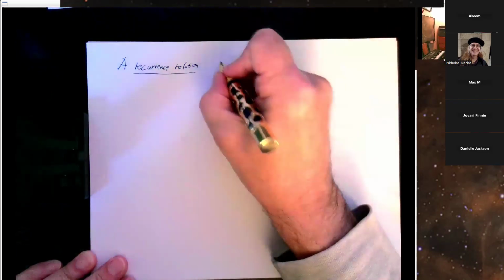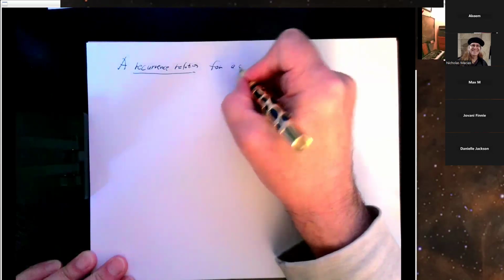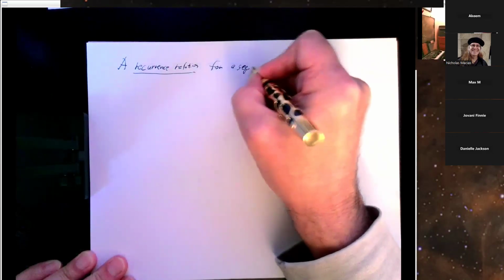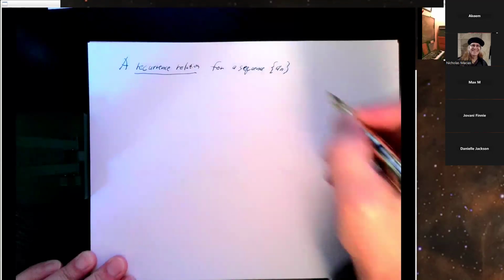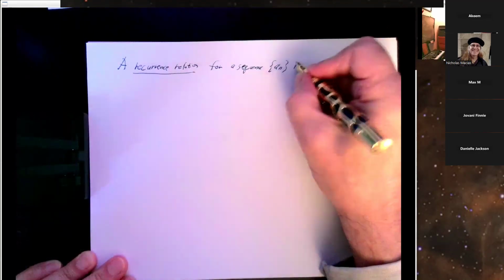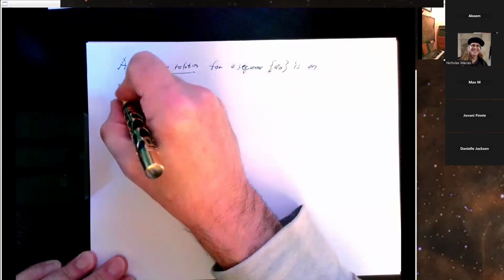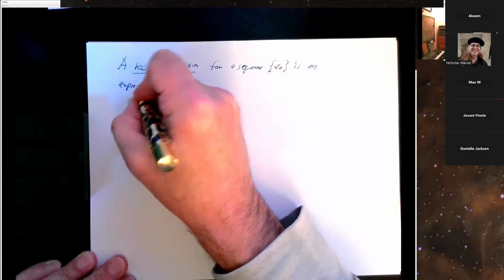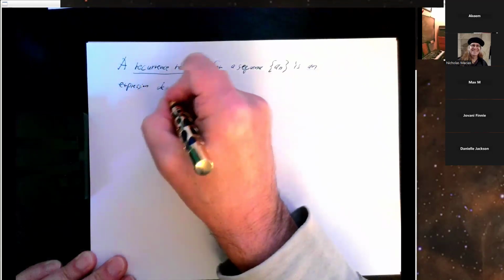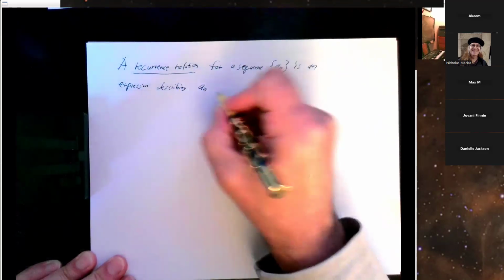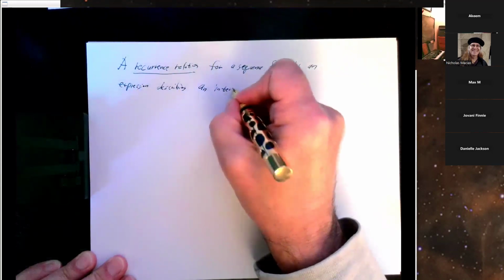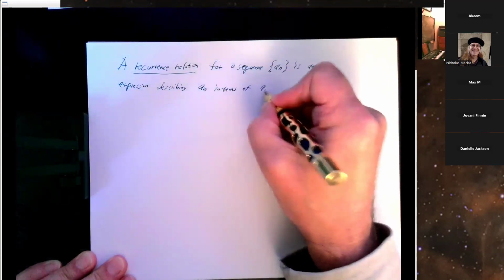So a recurrence relation for a sequence, let's say our sequence is just a_n, is an expression describing the nth element in terms of the earlier elements.